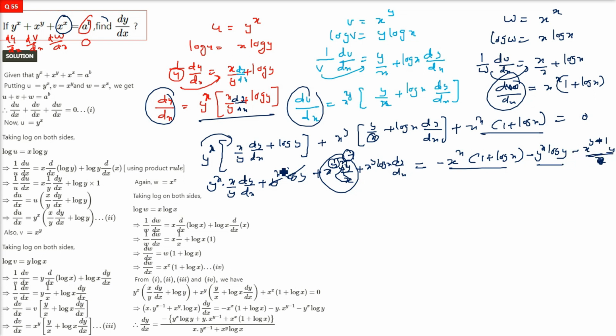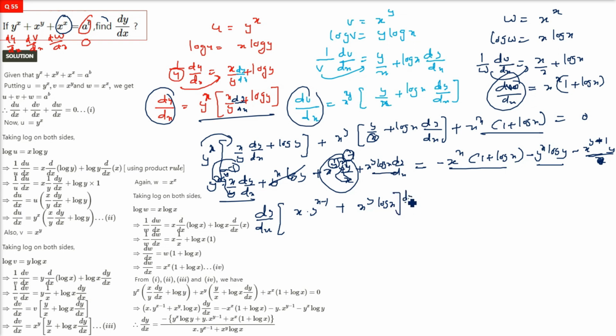Now we have to combine this dy by dx term. And what is remaining? Again, y to the power x by y will be y to the power x minus 1, as I suggested for the x also. So it will be x into y to the power x minus 1. And then plus this I am taking outside, so it will be x to the power y log x.